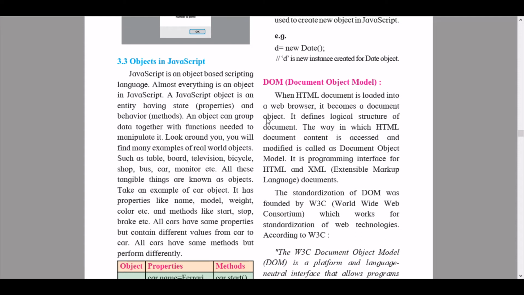It has properties like name, model, weight, color, etc. and methods like start, stop, brake, etc. All cars have the same properties, but contain different values from car to car. All cars have the same methods but perform differently.